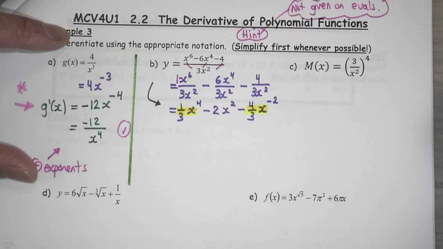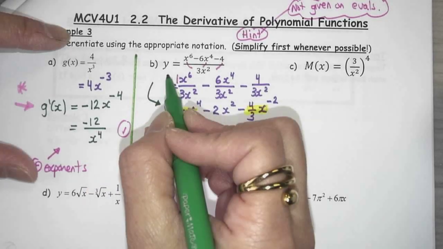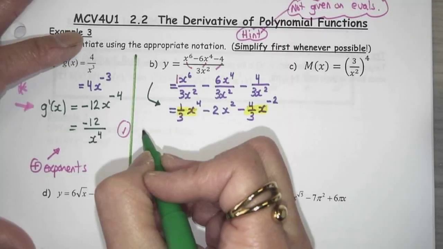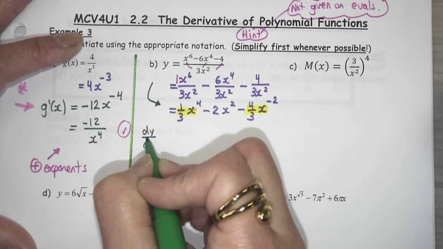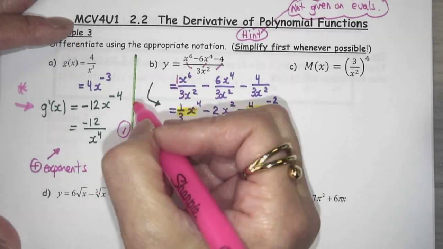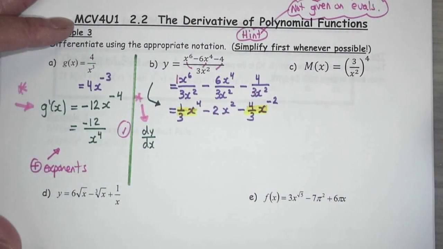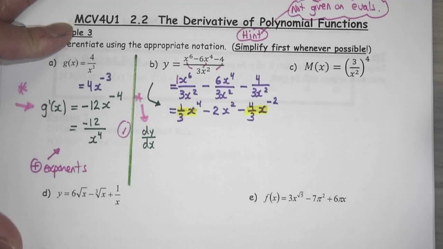And now let's do the derivative. So look, no derivative yet. That was just simplifying. Now I'm going to go dy by dx. So this is where I write it. So please, please, please be careful. Now I'm doing the derivative. Now you're accessing your calculus. You haven't done it yet.